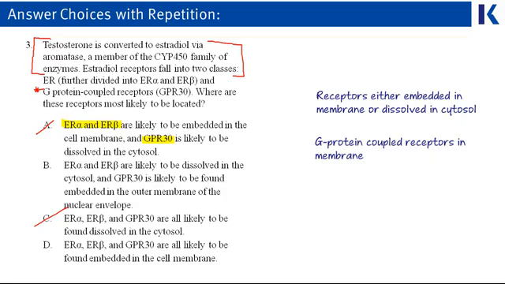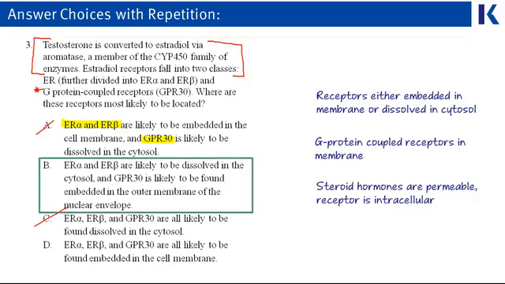How does that help? Well, steroid hormones are lipid soluble, meaning they diffuse fairly readily from the blood through membranes and into target cells. So if our hormone is permeable, we're going to expect our receptor to be intracellular, and there's only one answer choice that indicates that, B.